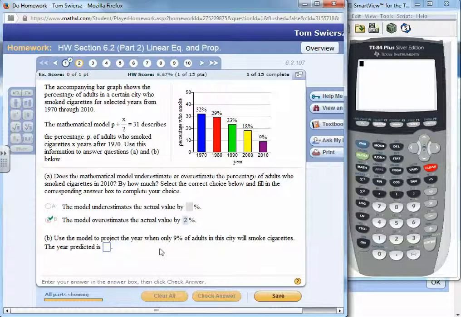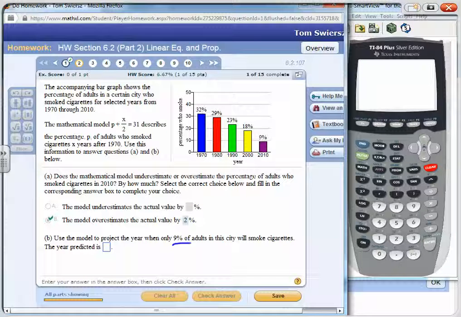Use the model to project a year when only 9% of the adults in the city will smoke cigarettes. So now we're going to predict for 9%, right? So the P value is 9. So 9 plus x over 2 equals 31.